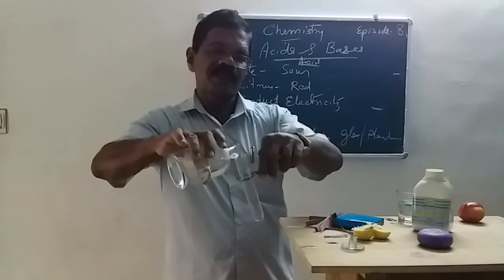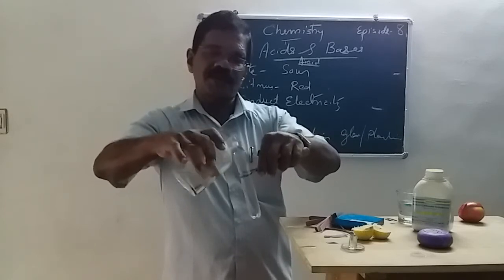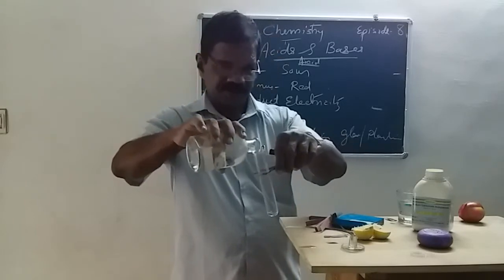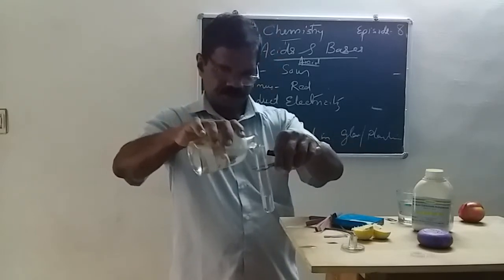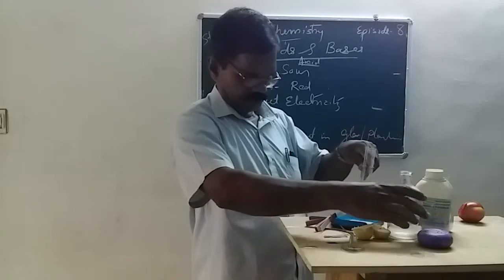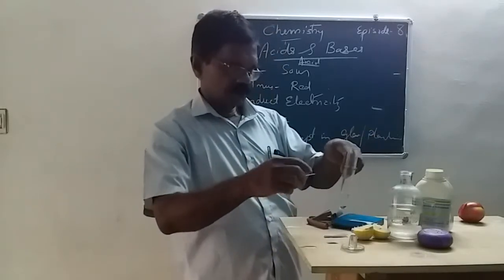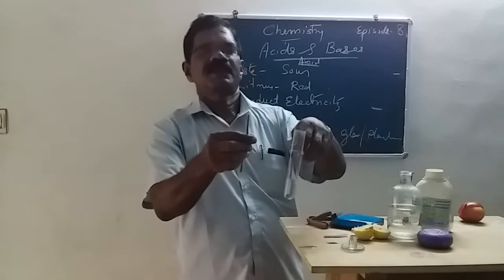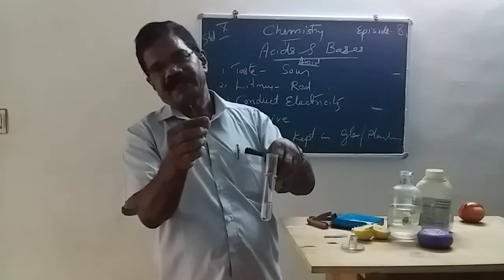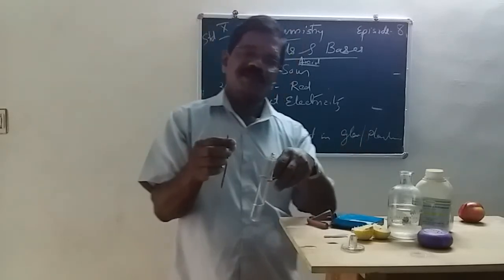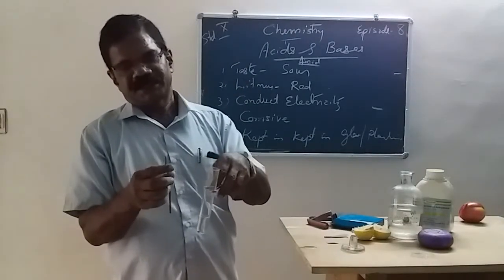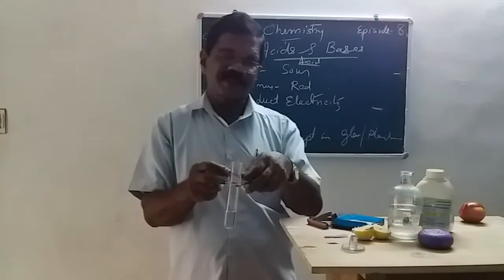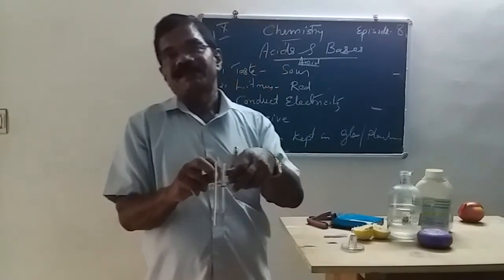Dilute hydrochloric acid or dilute sulfuric acid is taken in a test tube. This is magnesium ribbon. It is cleaned magnesium ribbon. When magnesium takes part in the reaction, its surface must be cleaned with sandpaper.